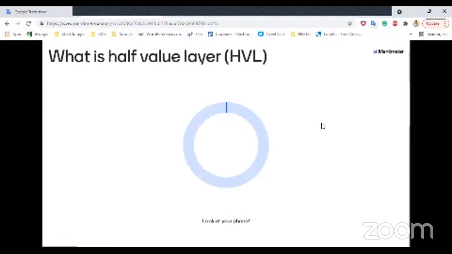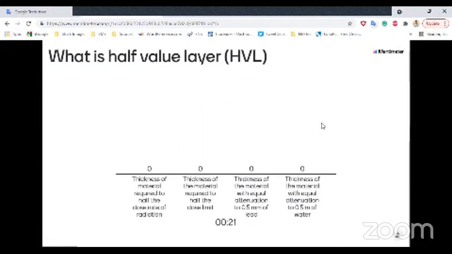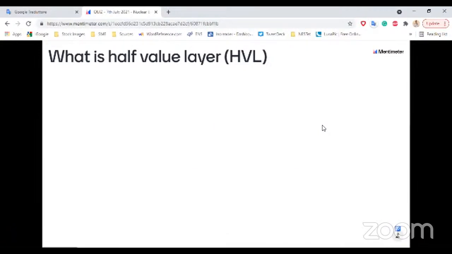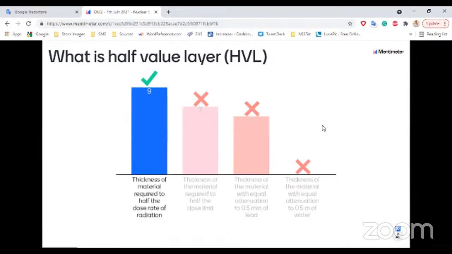As we saw before, is it the thickness of material required to halve the dose rate of radiation, the thickness of material required to halve the dose limit, the thickness of material with equal attenuation of 0.5 millimeters of lead, or the thickness of material with equal attenuation to 0.5 millimeter of water, liter of water, sorry. Everyone has already voted, and the correct answer is the first one. So the thickness of material required to halve the dose rate of radiation. Next.